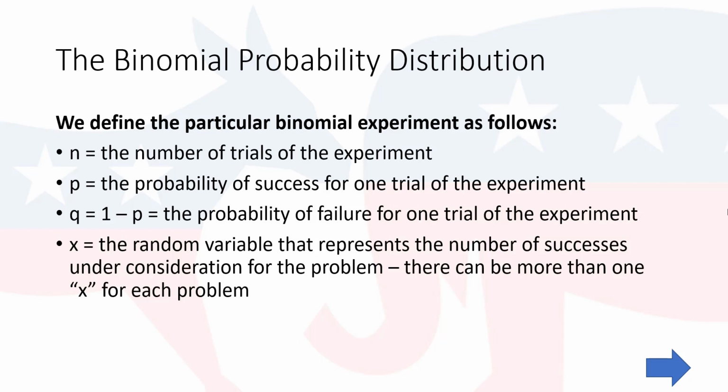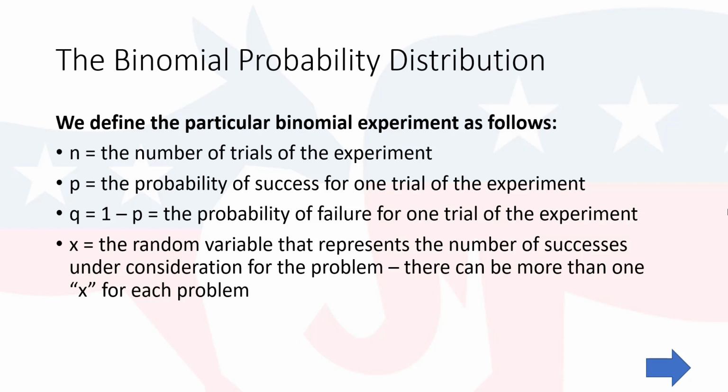Q is always equal to 1 minus p. For the rest of everything we do in statistics, Q is always 1 minus p, and it represents the probability of failure for one trial of the experiment.